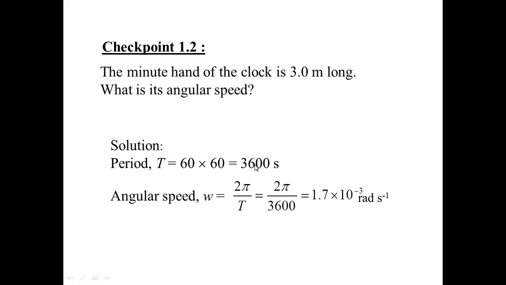That will be 3,600 seconds. So the angular speed for the minute hand will be 2 pi over the period. You should end up with 1.7 times 10 to the power of minus 3 radian per second.